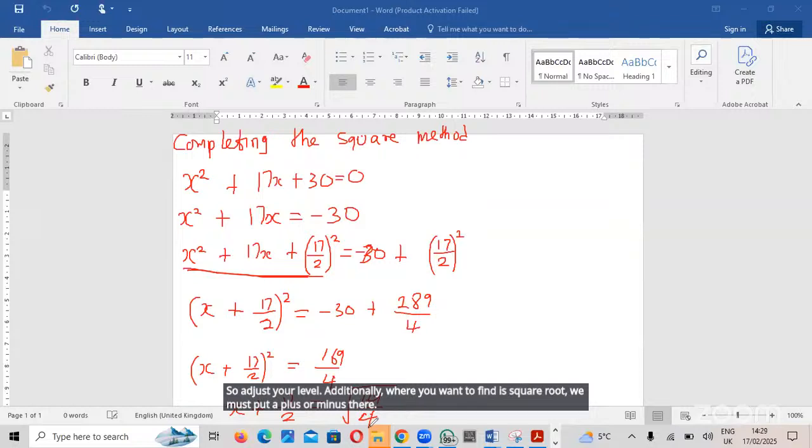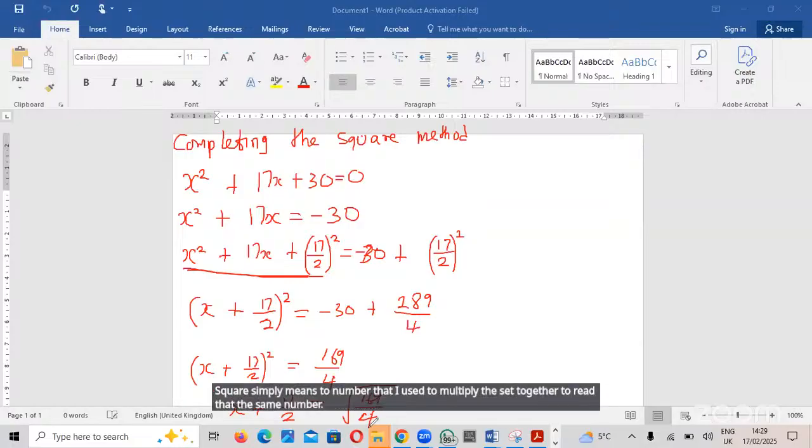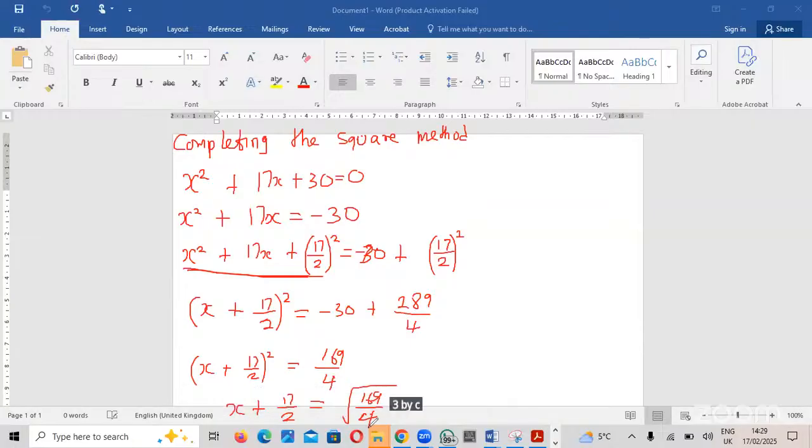If they ask you the square root of 4, the answer is not just 2. The square root of 4 is either 2 or minus 2, because 2 times 2 gives 4 and minus 2 times minus 2 gives 4. So you must put a plus or minus.